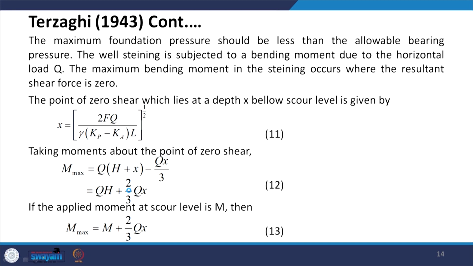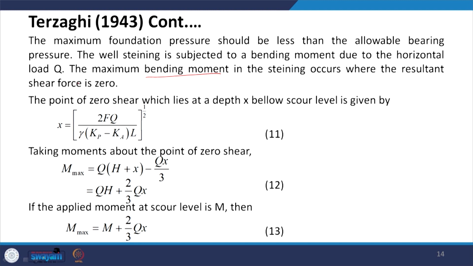Continuing with Terzaghi's theory, the maximum foundation pressure should be less than the allowable bearing pressure, and the well steining is subjected to bending moment due to the horizontal load Q, which we already calculated. The maximum bending moment in the steining occurs where the resultant shear force is 0, as you know that bending moment will be maximum where the shear force is 0.